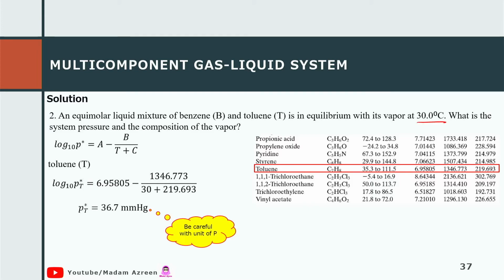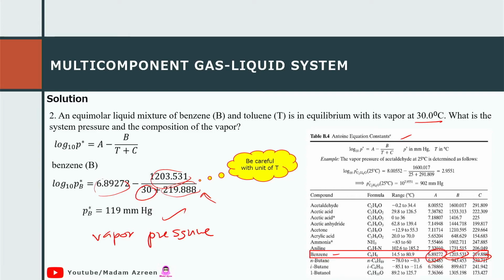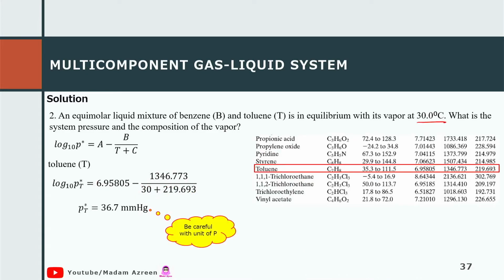You have to be careful with the unit because here it is in degrees C, no need to convert into Kelvin. It is in degrees C, 30, and the same goes for toluene. Also be careful with the unit of pressure, in mmHg.